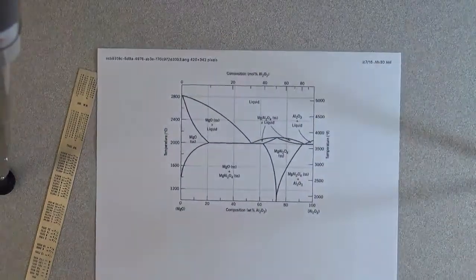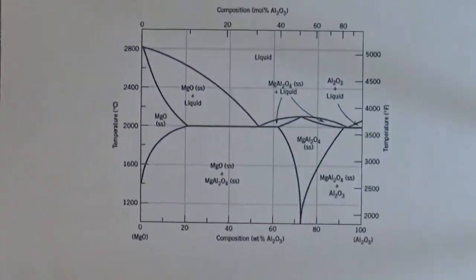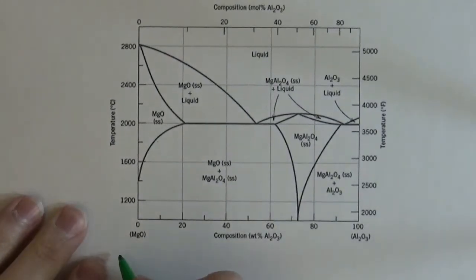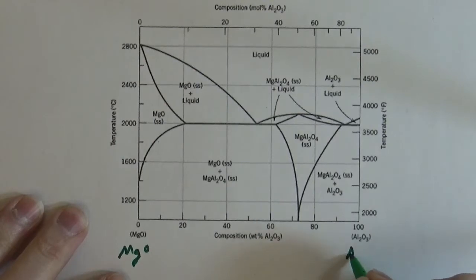So this is a phase diagram that is made up of magnesium oxide, MgO, and alumina, Al2O3.